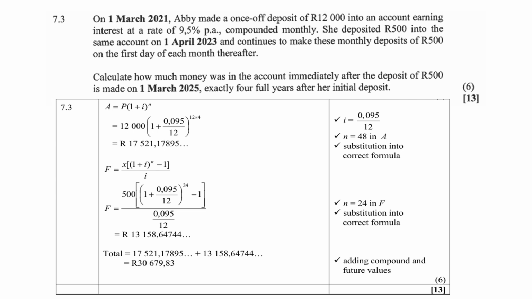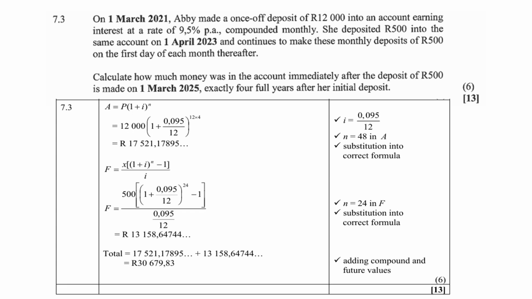7.3. On 1st March 2021, Abby made a once-off deposit of 12,000 Rand into an account earning interest at the rate of 9.5% per annum, compounded monthly. She deposited the 500 Rand into the same account on the 1st of April 2023 and continues to make these monthly deposits of 500 on the first day of each month thereafter.